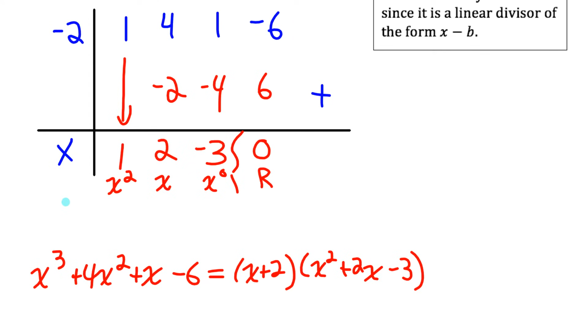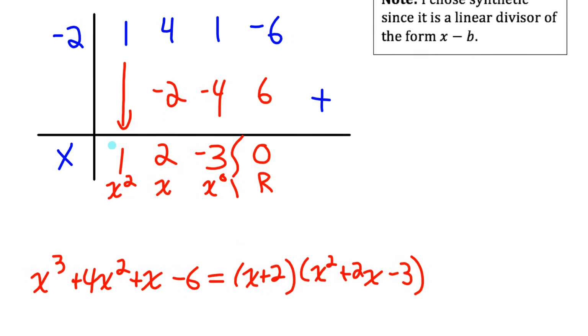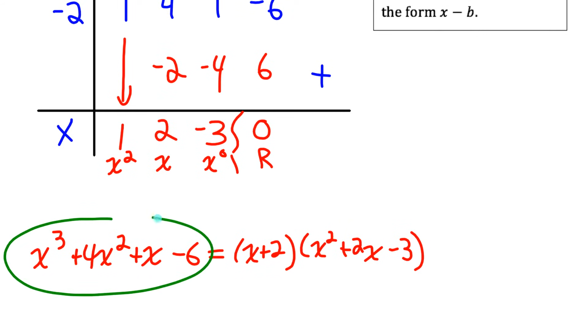We were able to get this polynomial, the dividend, into factored form. And in fact, if we can figure out what to divide a polynomial by so that we get a remainder of 0, we are able to get it into factored form by writing it as the product of the divisor and the quotient.